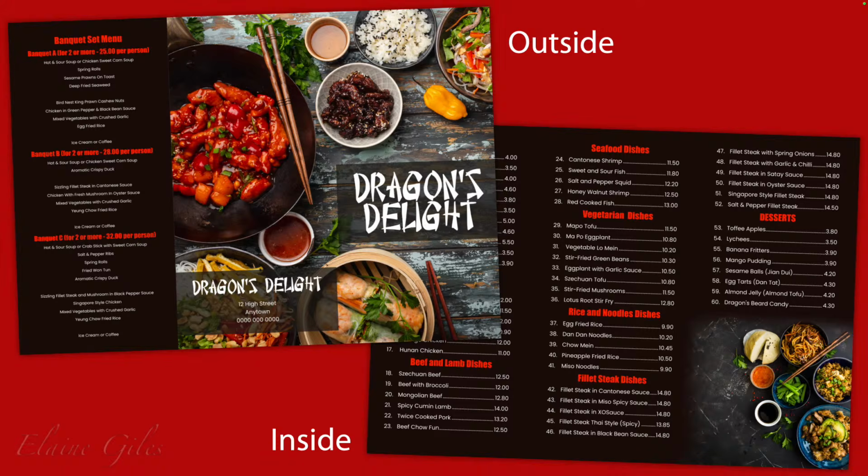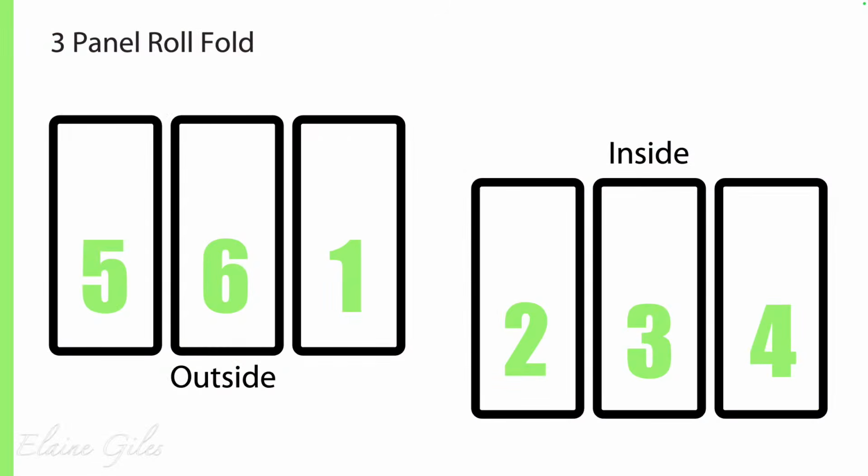And then the other part, which is the inside of it, has 3 panels, the left side, the centre, and the right. That is what that looks like conceptually. So you still have the 2 physical pages. On the outside, you have panels 5, 6, and 1, which is the cover, the back cover, and that flap. And on the inside, you have panels 2, 3, and 4.